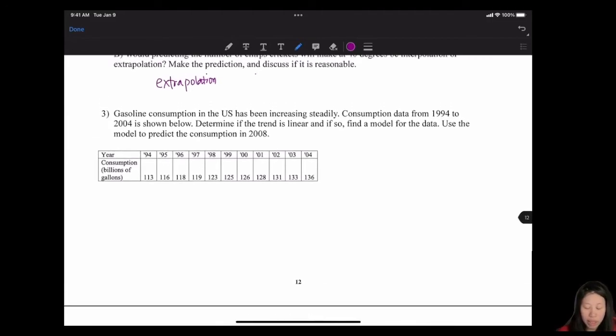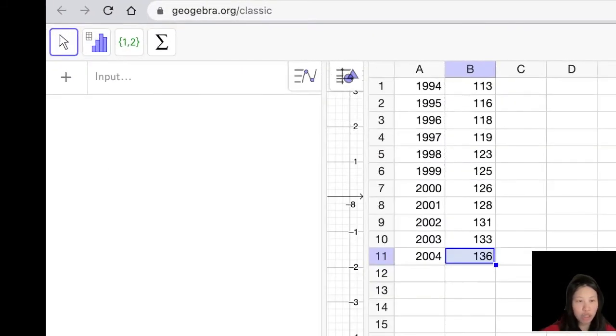Okay, so the third one is: the gasoline consumption in the US has been increasing steadily. Consumption data from 1994 to 2004 is shown below. Determine if the trend is linear, and if so, find the model for the data. Use the model to predict the consumption in 2008. Okay, so I already typed in the data in GeoGebra to save us some time.